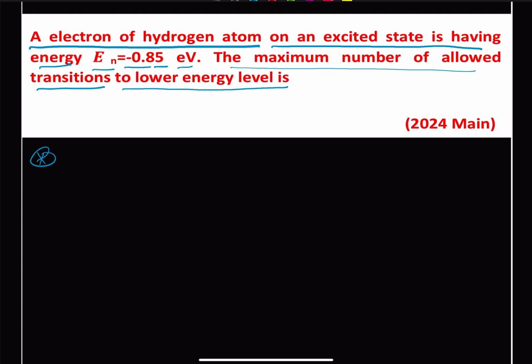So we are given that the energy of an excited state is E of n is equal to minus 0.85 electron volt.